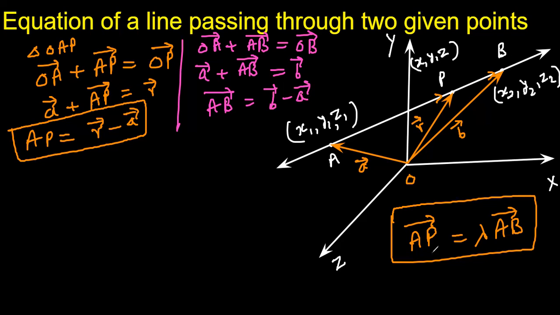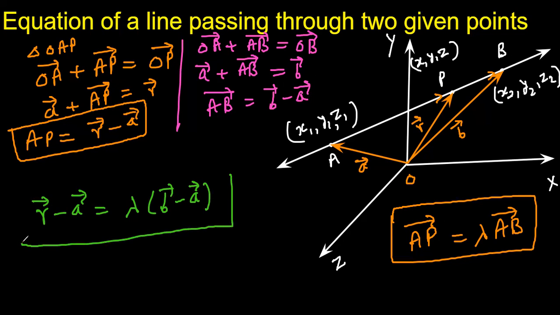Now we put these values in AP is equal to lambda times AB. So our equation will look like r minus a is equal to lambda times b minus a. That is the vector equation of a line passing through 2 points: r minus a is equal to lambda times b minus a.